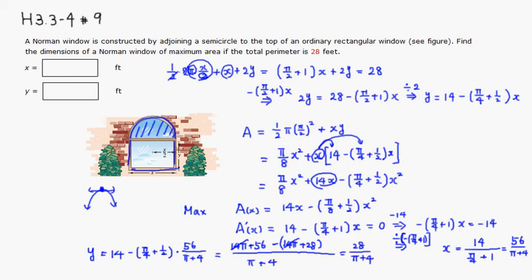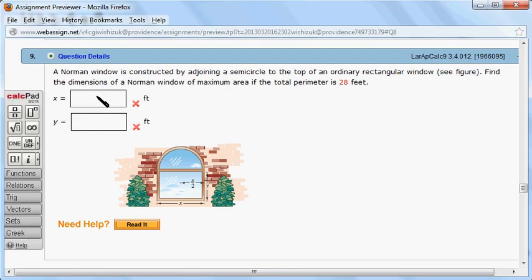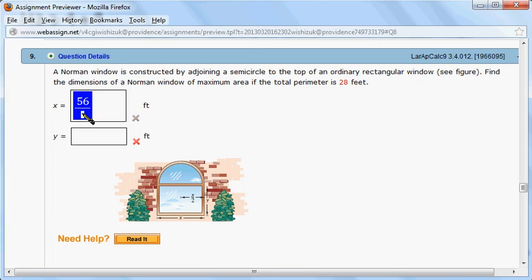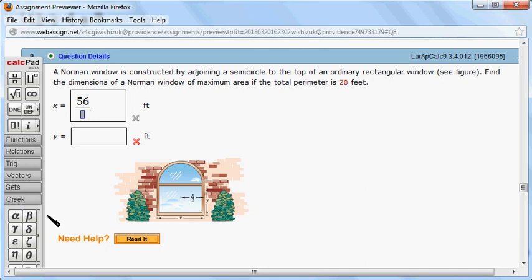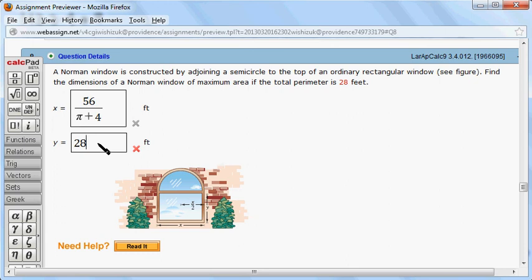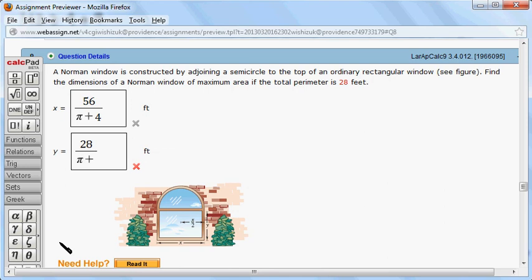Let's type it in. x is 56 divided by pi plus 4, and y is 28 over pi plus 4.